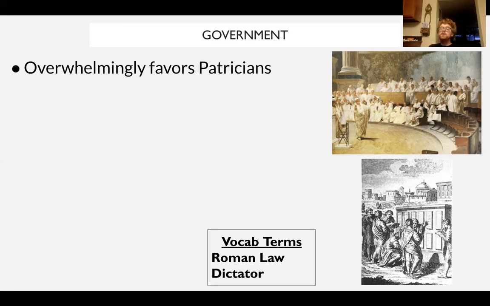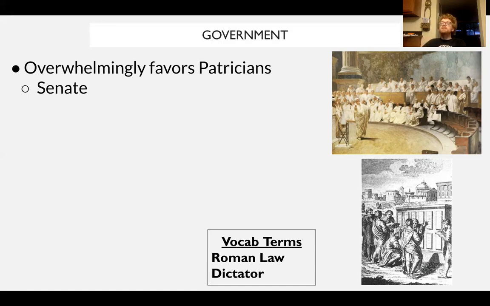It's initially just made up of patricians. And a major institution that will last even beyond the Republic into the empire stage is the Senate. The Senate is the body in which patricians vote for representatives, and the representatives meet in the Senate to pass laws for the good of the community.